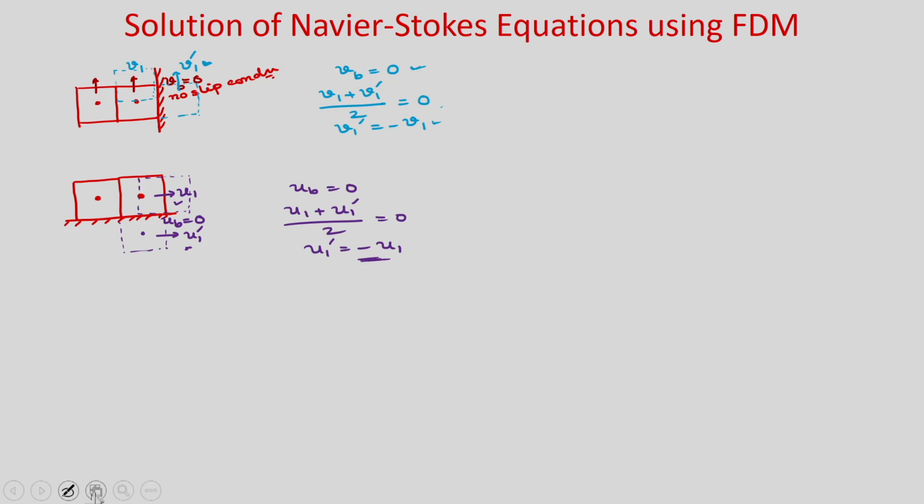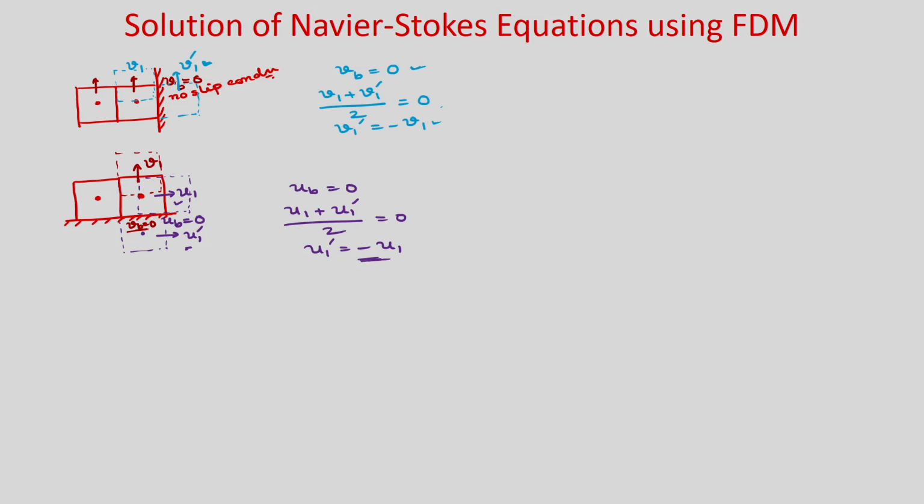For v velocity you do not need it, because v velocity exactly satisfies this, because you are solving v here. So, this is your v 1 and this is your v b is equal to 0. So, obviously when you solve for this v 1 cell, you can use v b is equal to 0.